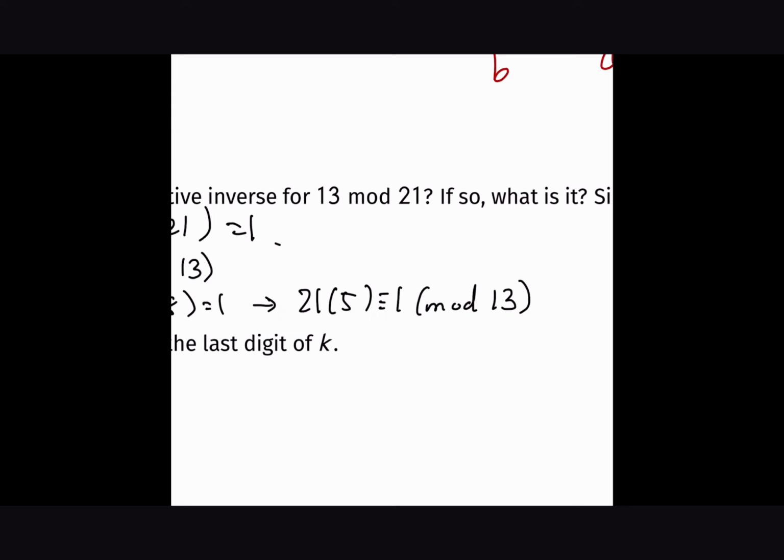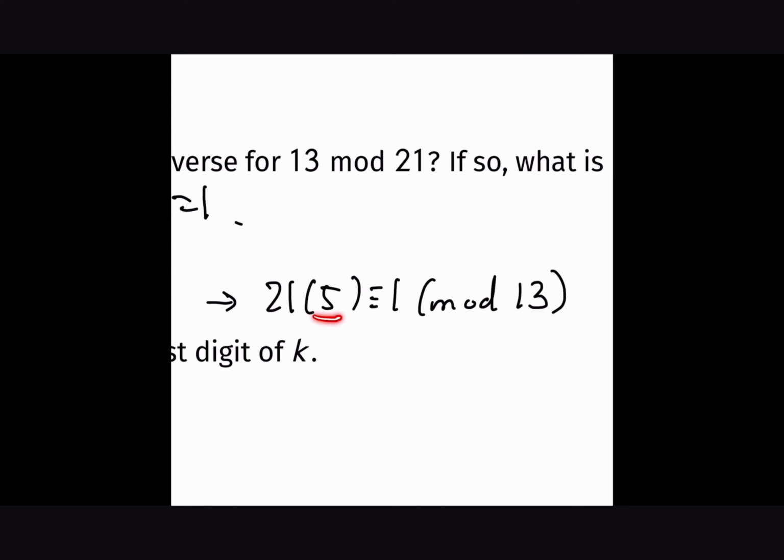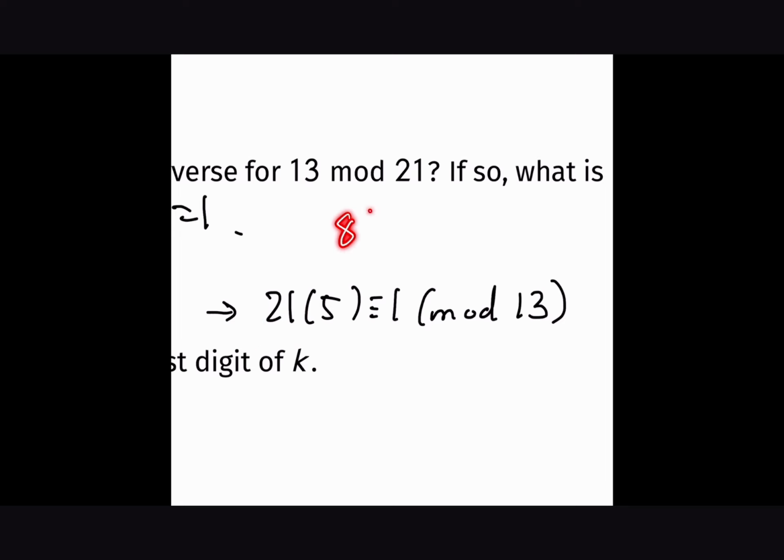Now, because of this, we find that the multiplicative inverse is 5. Note that 21 in mod 13 is also 8. Thus, 8 times 5 is 40. And 40 mod 13 is equal to 1, since 13 can go up to 39.